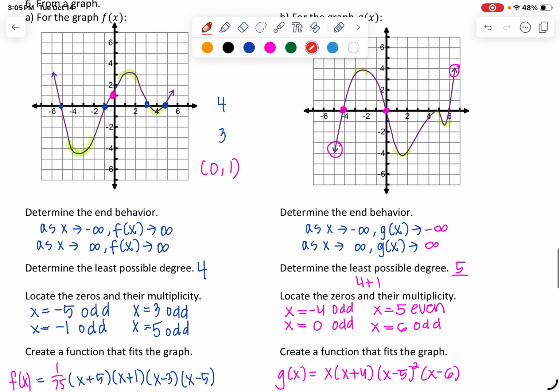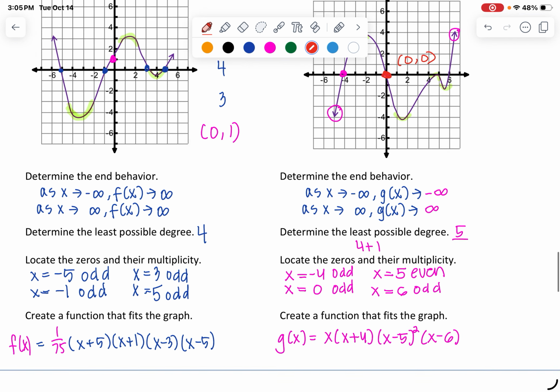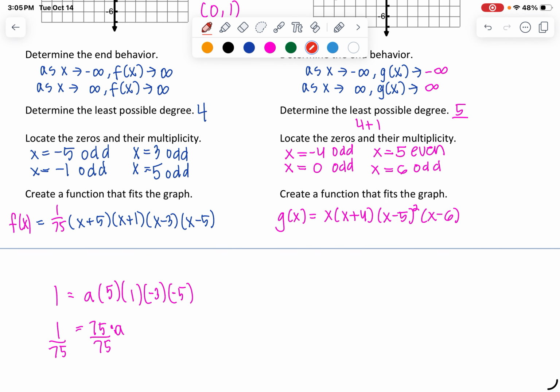Now I just have to make sure that the end behavior and the coefficient matches. So if you look at what this is, it's 0, 0, the y-intercept. So when I plug in 0 for x, I have to get 0 for y. So let's check to see if we do. We have 1, 2, 3, 4 places, and we have to get 0. So we have 0 times 4 times 25 times negative 6, which is 0. Check.